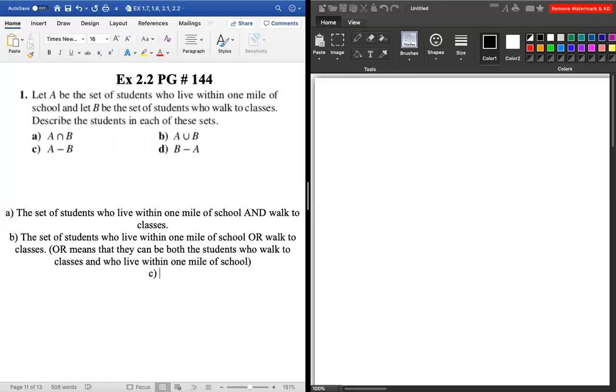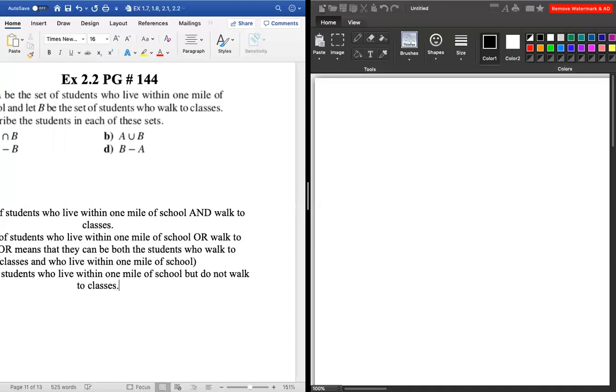Okay, so A minus B here, this C part, it means A difference B. So if we have to take the difference of two sets, with this example here, we will describe it as the set of students who live within 1 mile of school but do not walk to classes.